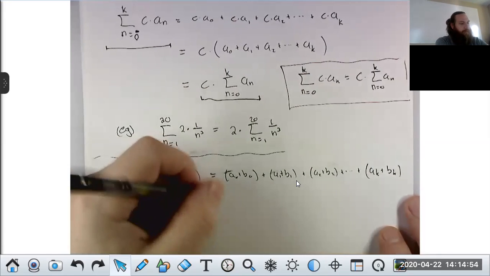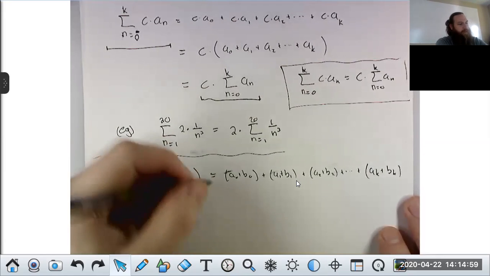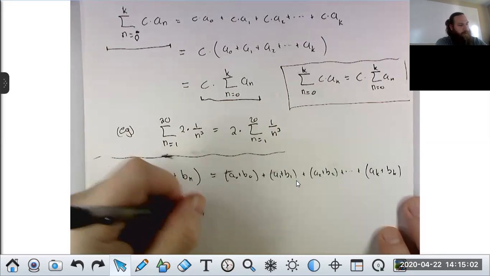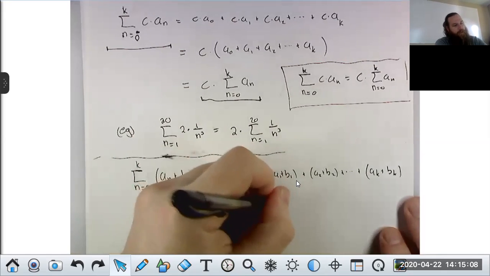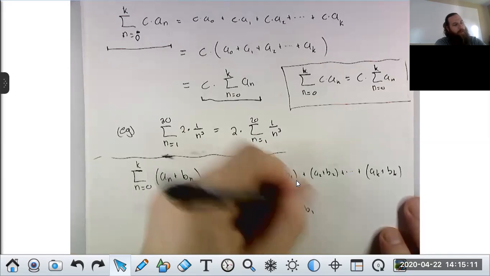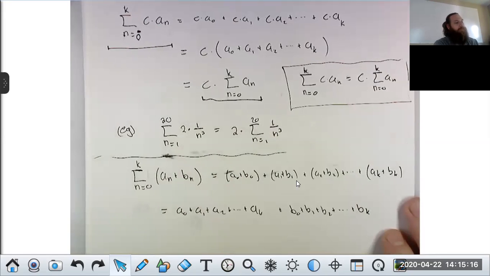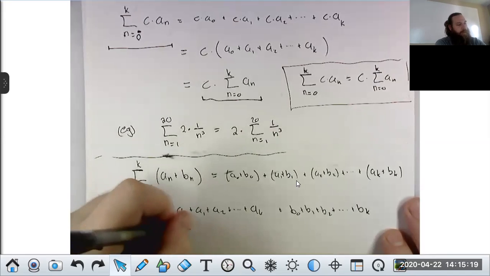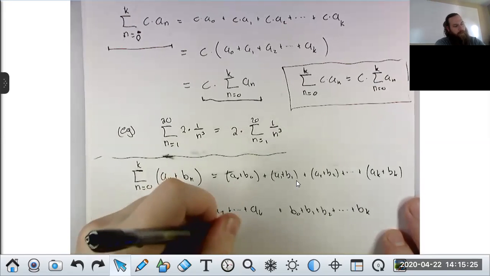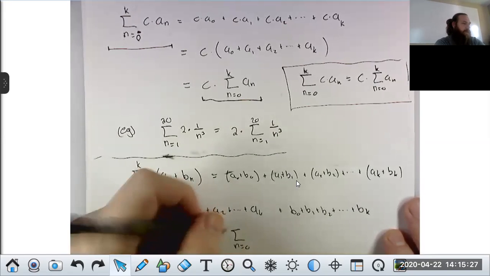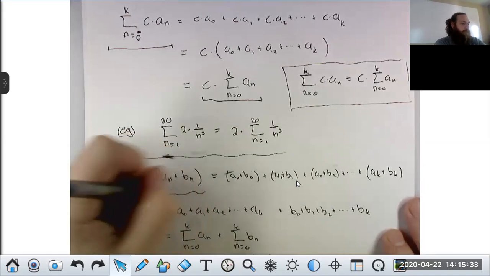But this is an addition problem, so this addition can be done in any order I want. So I could reorder this as a_0, I can take the a's and put them all together, plus a_1 plus a_2 out to a_k, and then I can do the b's separately, b_0 plus b_1 plus b_2 out to b_k. And each one of these on their own can be written in sigma notation. Which means that this is equal to this.